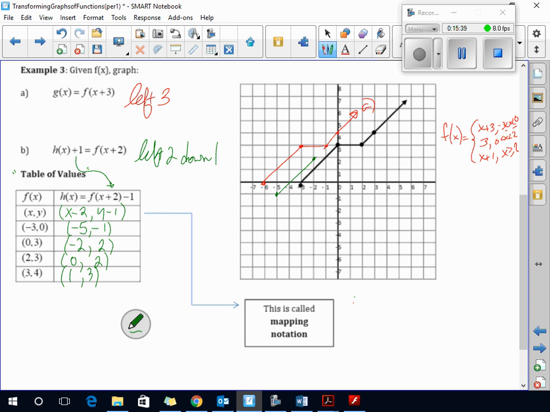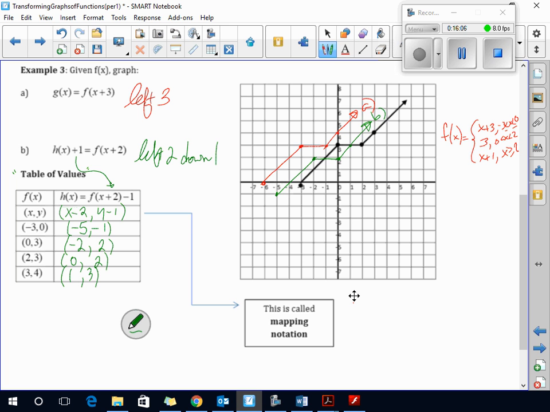Do you see that? It's just another way of doing this. If you like coming up with specific points, or just taking your pencil and saying, I'm taking this point at -3, 0 and going left 2, down 1, plot the point. Again, it's really easy when you're only doing 2 things. When you're doing 5 things, you might lose track of stuff. So that's why I show you the mapping notation.